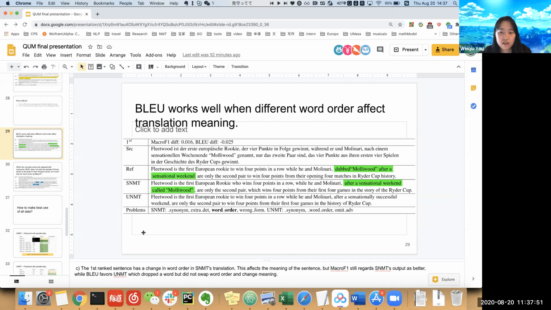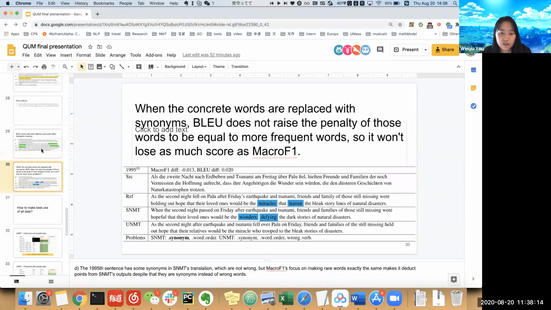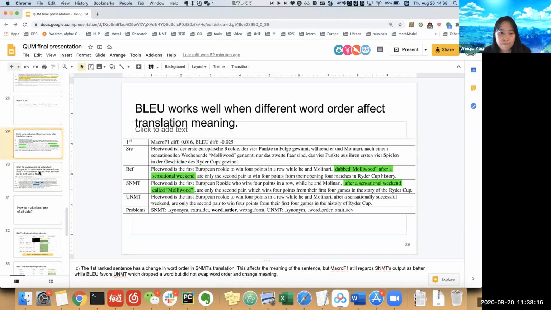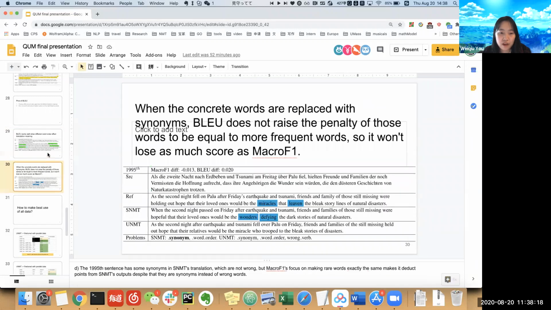So it has some contrastive data pairs, so it can analyze different linguistic qualities, but that's for English-German only. So I'm not sure if it can be used for other languages and stuff.